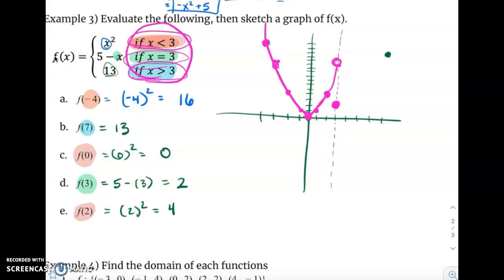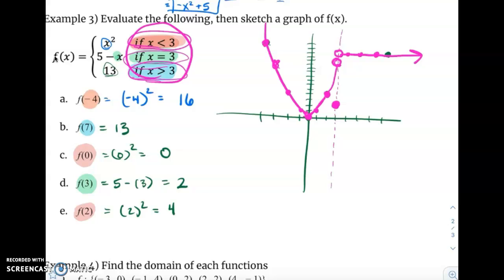So no matter what point you plug in, it's always 13. So we already have 4 is 13. 7, 6, 5, 4 is at 13. And 3 would be at 13, so we're going to put an open circle there, but it's not equal to. So we actually have a constant horizontal line there.